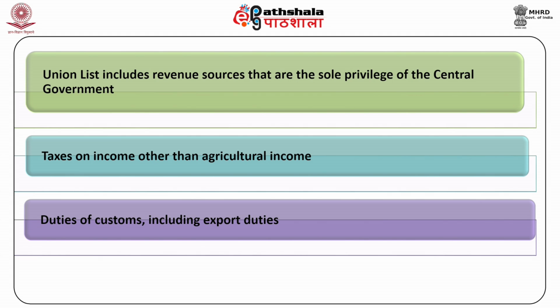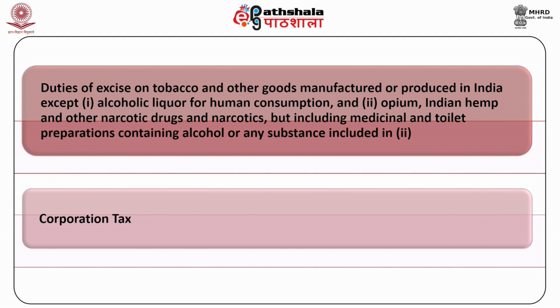The list of 13 union heads of taxation imposed by the central government is: 1. Taxes on income other than agricultural income. 2. Duties of customs including export duties. 3.